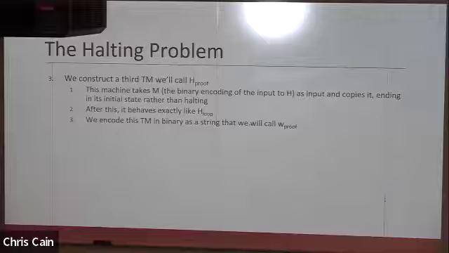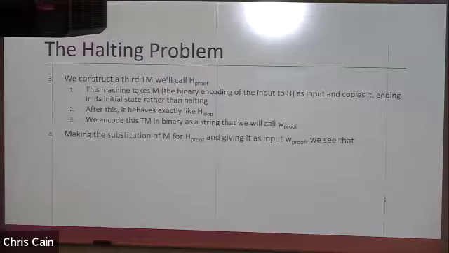Yeah, we also feed it itself as the string. So we encode this Turing machine in binary as a string that we're going to call W proof. So we now feed W proof into H proof. It takes itself, in string form, as both the machine and the string.